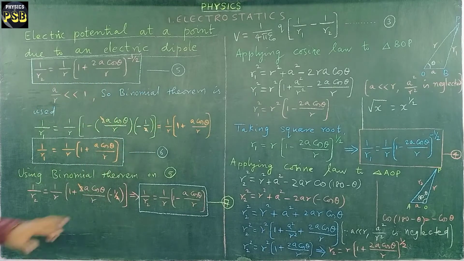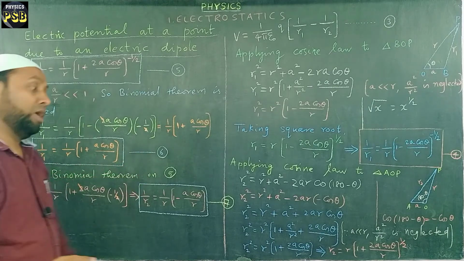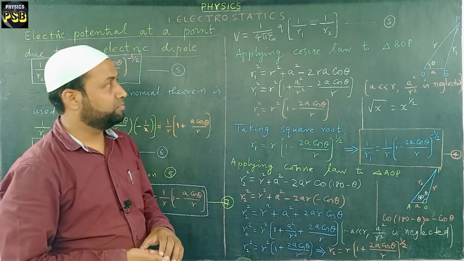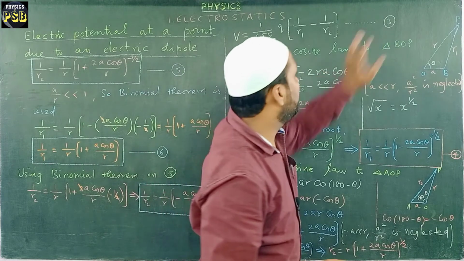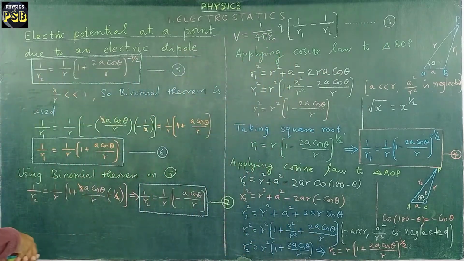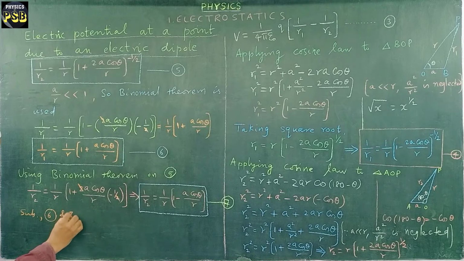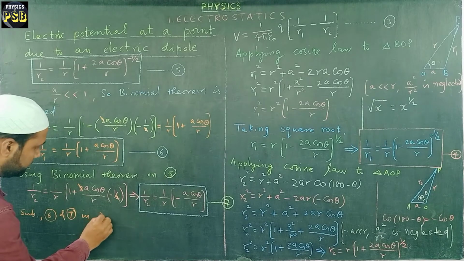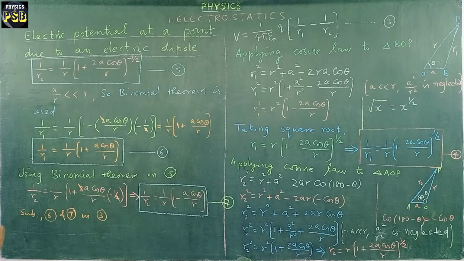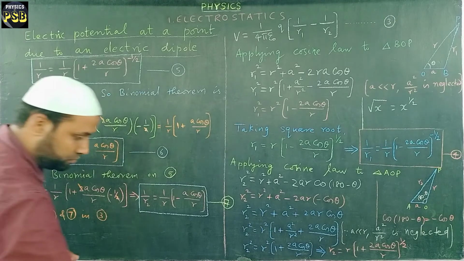Now I am going to use equation number 6 and 7 in equation number 3 to get the value of V. Substituting equation 6 and 7 in equation 3, so what will I get by doing so?